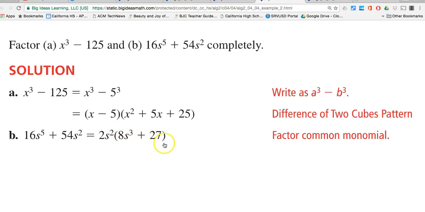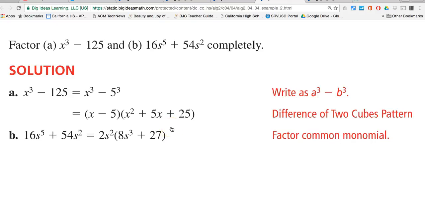Now, this should look more like the perfect cubes we've been talking about. You'll see that s to the 3rd power is a variable cubed, and the coefficient 8 and our constant 27 are both perfect cubes. 8 is just 2 to the 3rd power, and 27 is just 3 to the 3rd power.